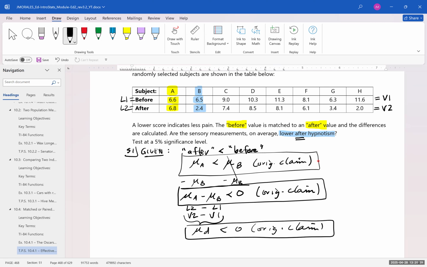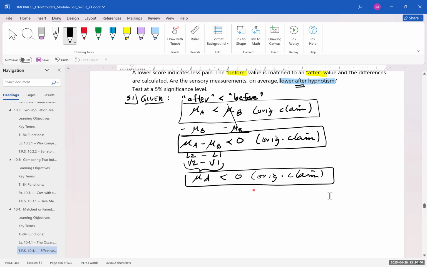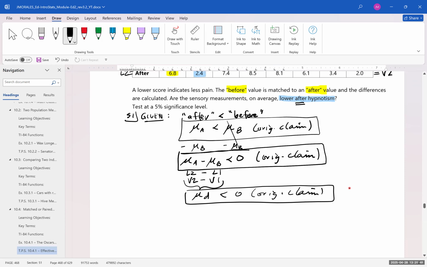All right. So let's see, what else do we know? What else was given here? The population standard deviation is unknown, so this means we have to use the student's t-distribution. And so in order to do that, we need to know degrees of freedom, which is going to be n minus 1.